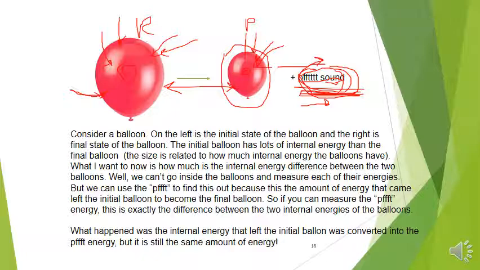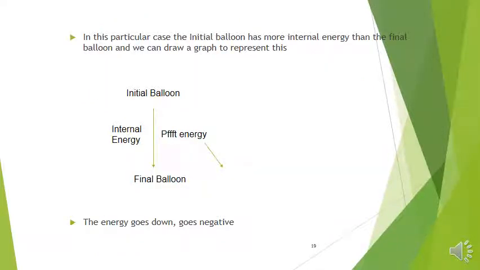So the change in energy is going to be the same as the difference in energy. In this particular case, we have an initial balloon, our big guy, and then we pop it, and then we get a final size of balloon.